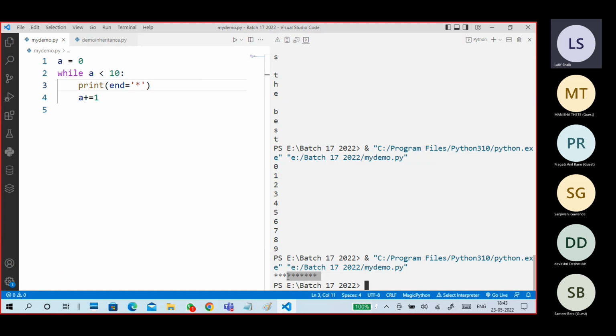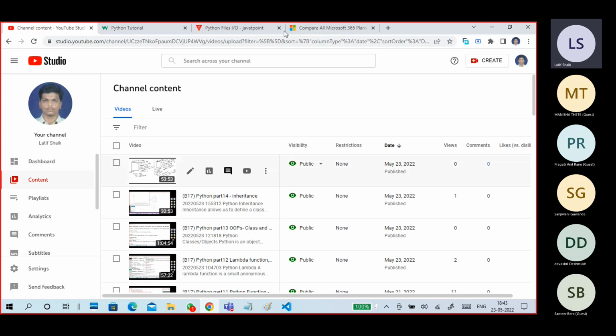You can look at this output. Same stars you can put in the next step: first one star, then the next 2 stars, next 3 stars, next 4 stars. You have to change it like a while statement. Exactly, I am not able to recollect the program.